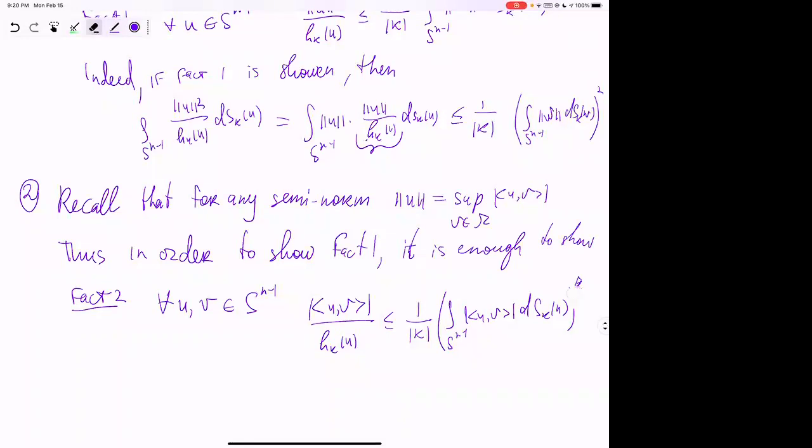Everything's squared. I freaked myself out for a moment. No, everything is okay. One thing I don't like about Scribble is that it doesn't have a small eraser. Okay. Indeed.